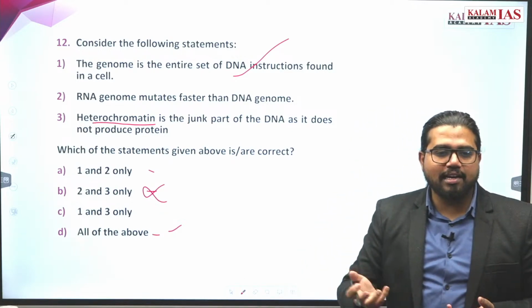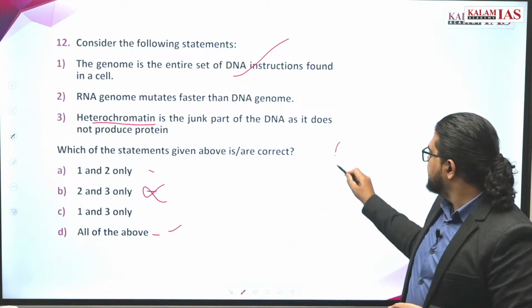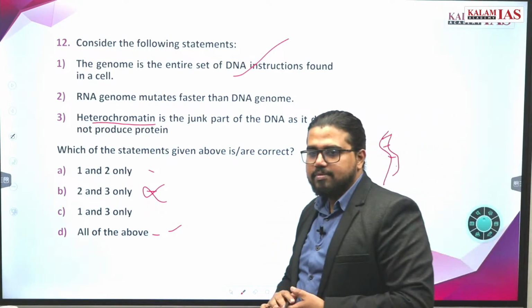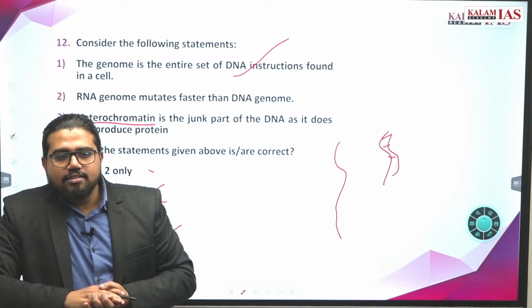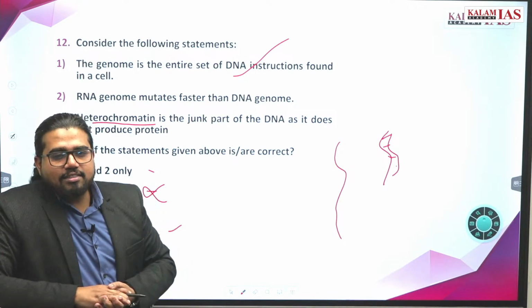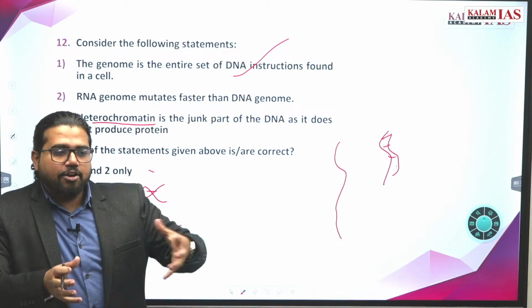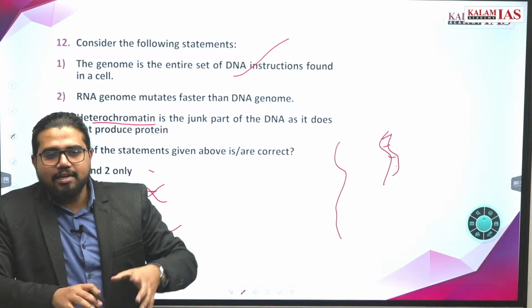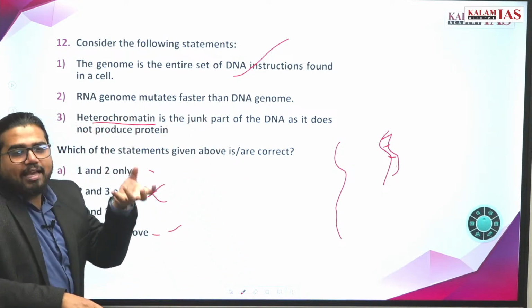What is the difference between RNA and DNA? RNA has a single strand, DNA has a double strand. So what virus is corona or COVID? RNA virus. And we are seeing it is mutating very fast. This cannot be a solid reason, there are other RNA viruses which don't mutate. But at least you are seeing RNA virus or RNA genome can mutate.